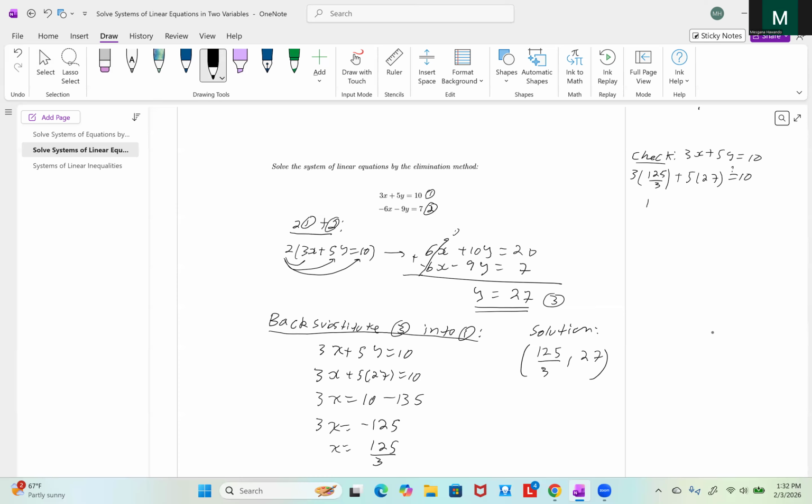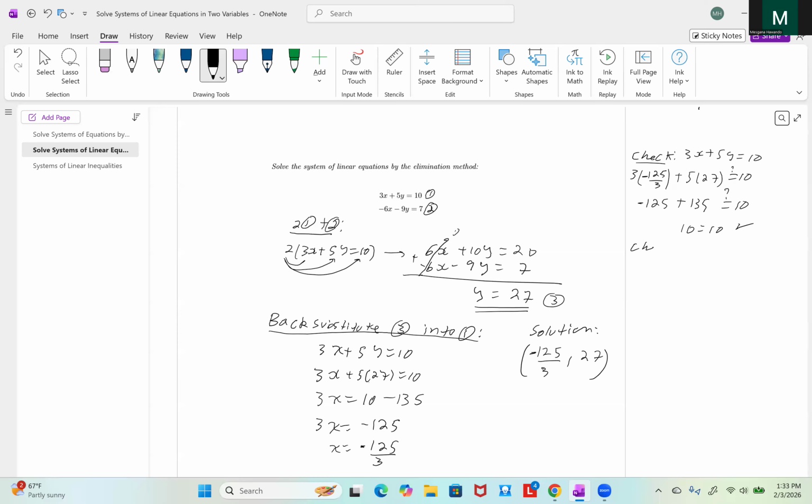The 3s cancel, so negative 125 plus 135 is equal to 10, question mark. This is 10 is equal to 10, correct. So for the first equation, it checked.